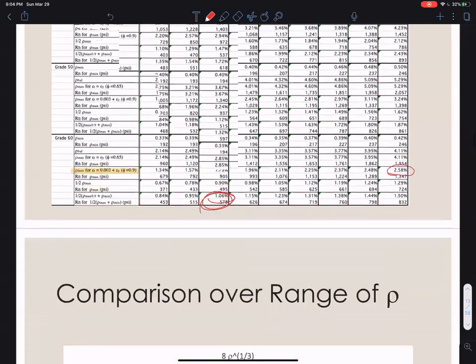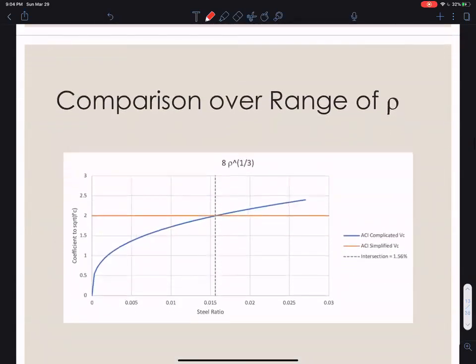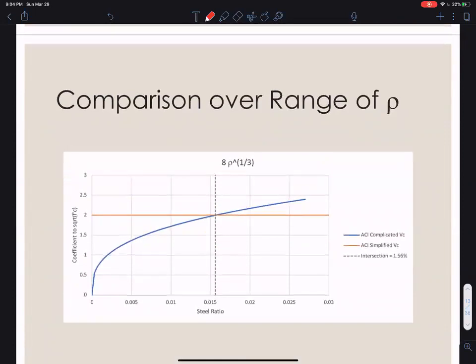Okay, so what I did was I plotted 8 rho to the 1/3 power as a function of rho from 0 all the way up to 3%. And remember, we're comparing this to 2. So here's 2. And this is where they intersect.